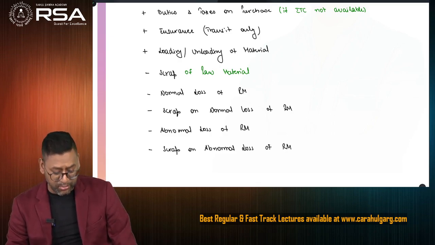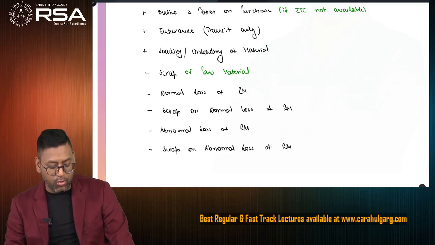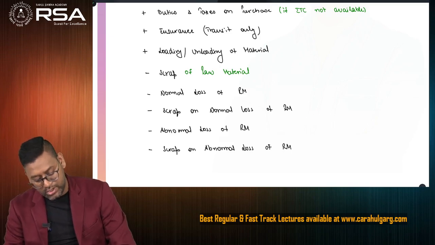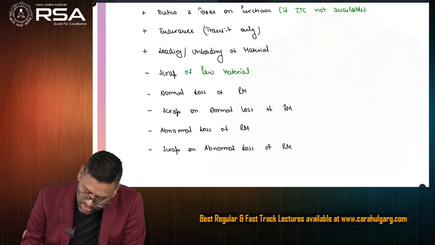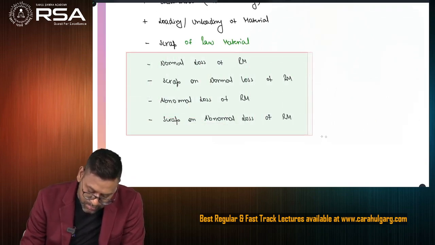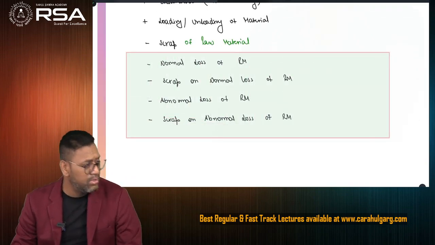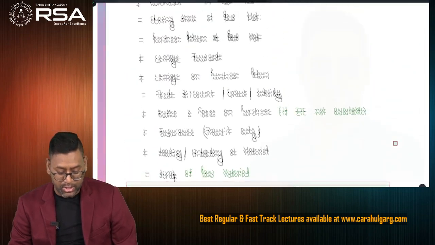We are going to understand it now. Okay? We have just written all the points over here. Now we will understand this one by one. And these last four items shall be put in a special box. Last four items.